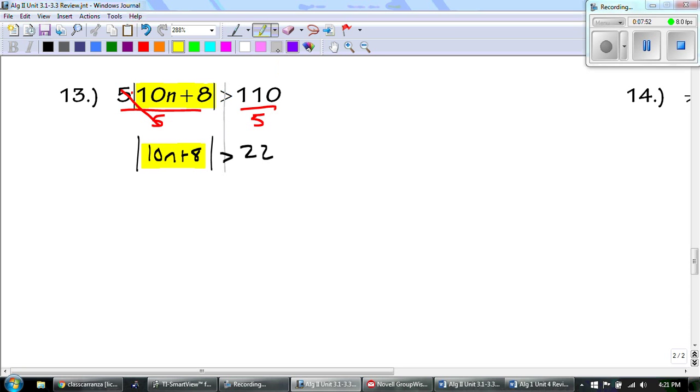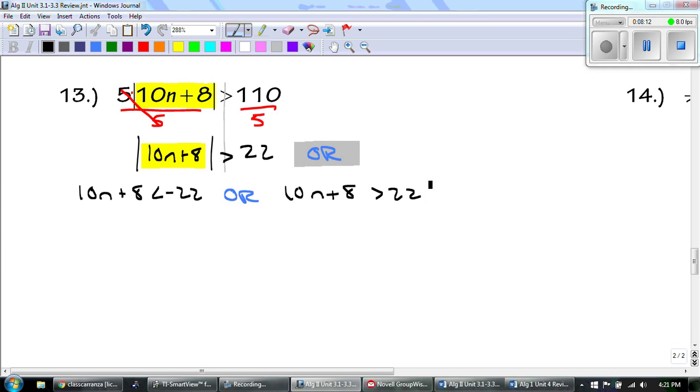The absolute value is by itself, and it's greater, so that means we're going to have an or. 10n plus 8 is less than negative 22, and 10n plus 8 is greater than 22. Remember, with these inequalities, since it's or, they have to be going in opposite directions. That's why we change one to less than and the other to positive.